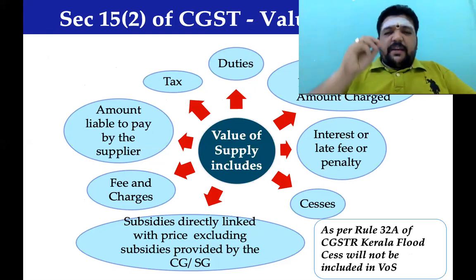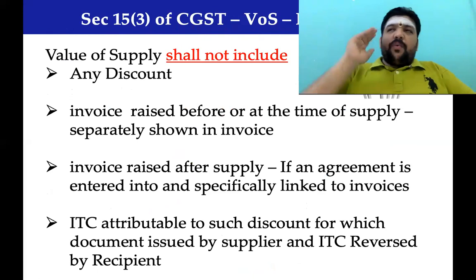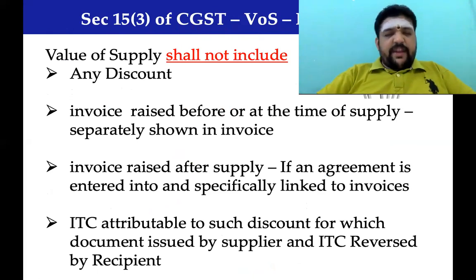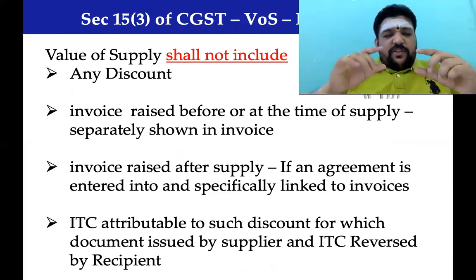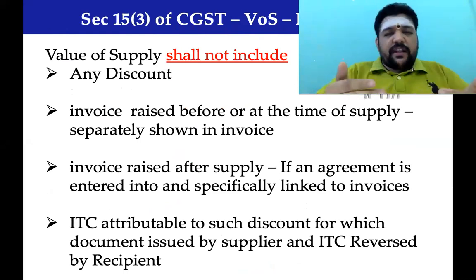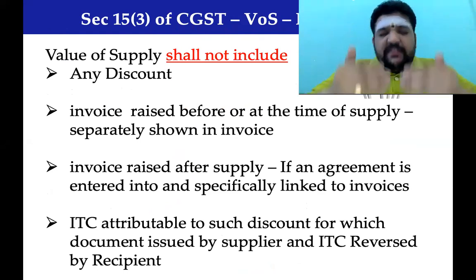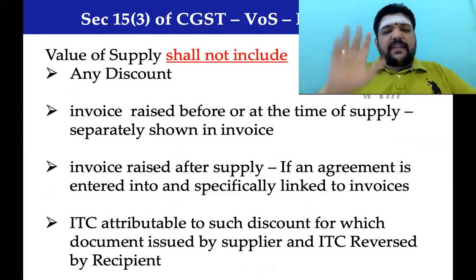All these 5 items will be included in value of supply, and only one item will not be included, which is envisaged from the section end: a discount given at the time of supply, which is also evidenced by giving it in the invoice. You buy a product for 10,000, and in the invoice itself 2,000 is reduced. Good. Value of supply is 8,000.